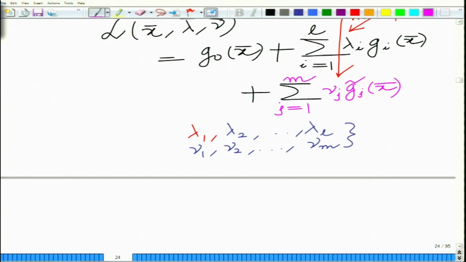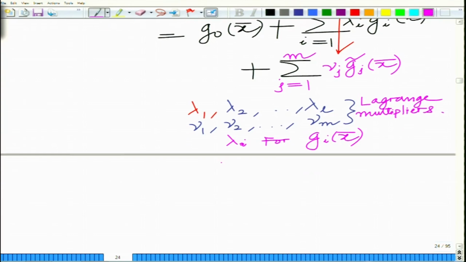Remember, each lambda i is the Lagrange multiplier for gi of x bar, and each nu j is the Lagrange multiplier for g tilde j of x bar.